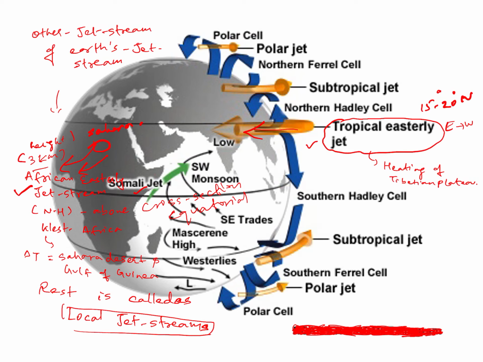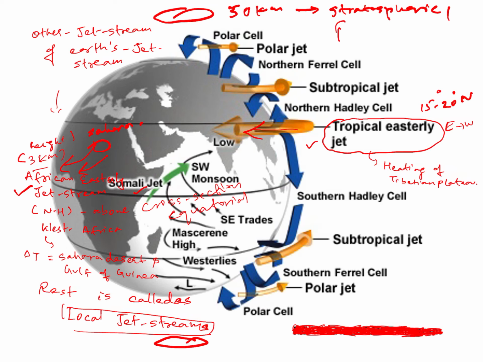Now there is one more jet stream observed over the poles at a height of 40 to 50 kilometers, in the stratosphere, called the stratospheric jet stream, or also the polar night jet stream.